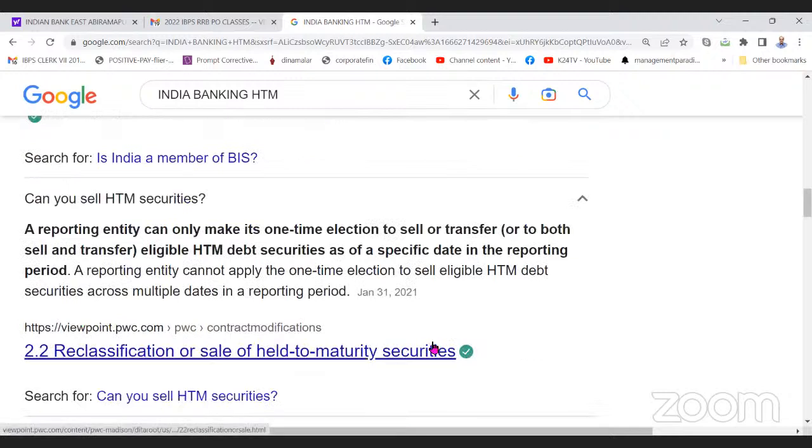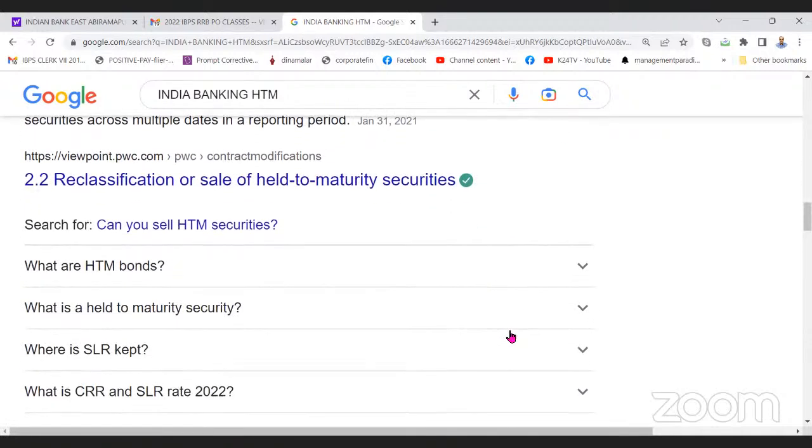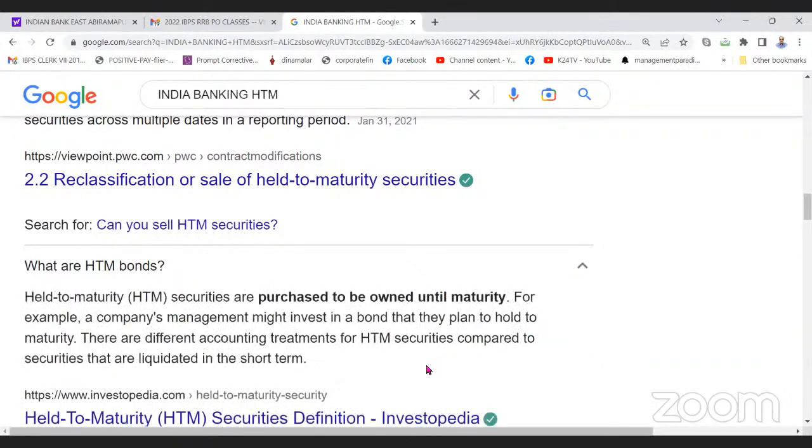A reporting entity can make a one-time election to sell or transfer, or both sell and transfer, eligible HTM debt securities as of a specific date in the reporting period. What are HTM bonds?